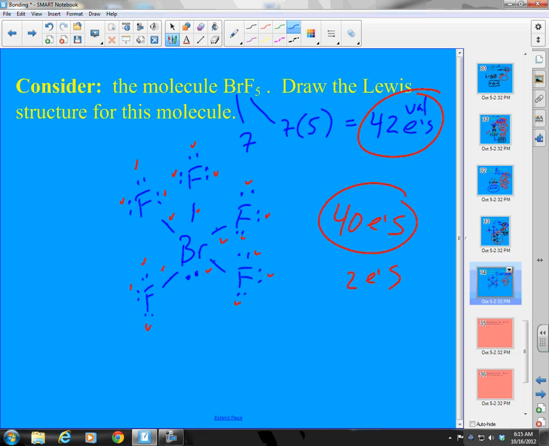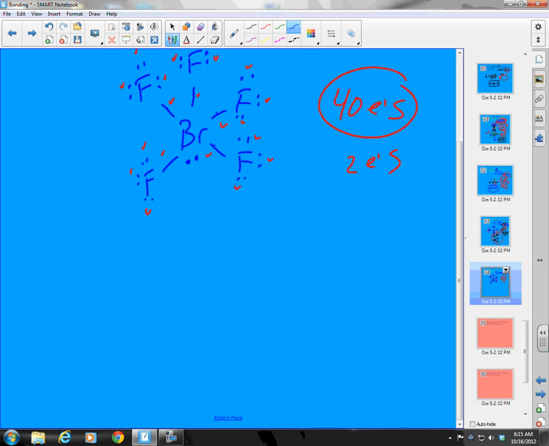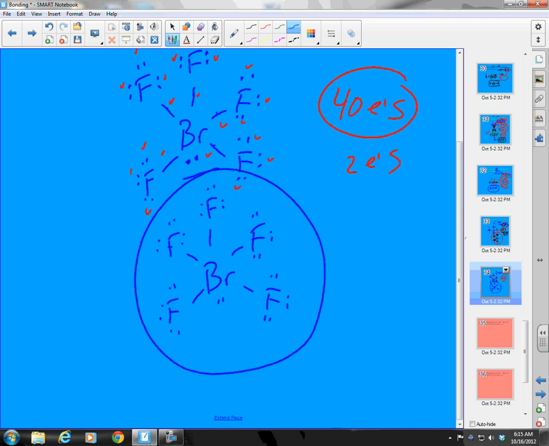There we go. And to make this look nice and pretty, there we go. And that would be my bromine pentafluoride. And we are done for this lecture.